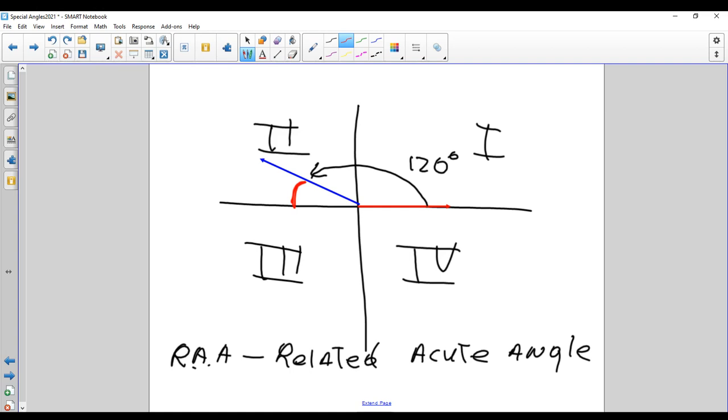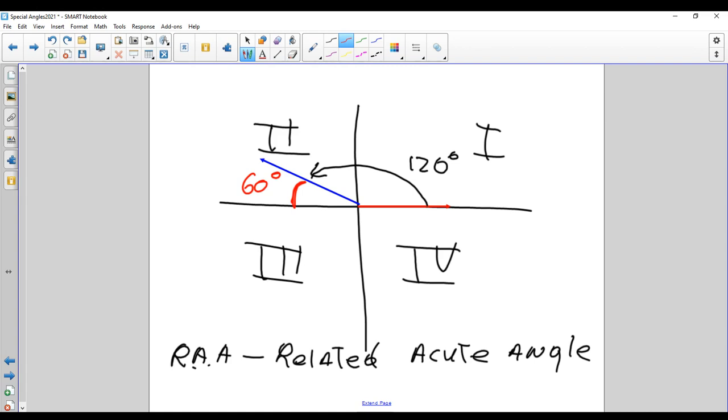So if I've gone 120 degrees, I need another 60 degrees to get me to the x-axis. Try to think about whether that makes sense to you. That 60 degrees is the gap that needs to be made up to get you to the closest x-axis.